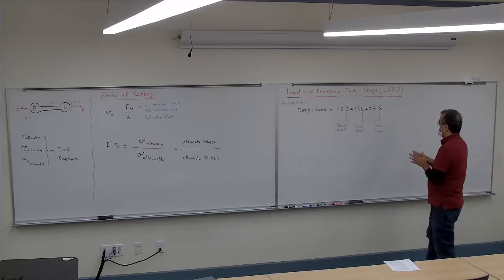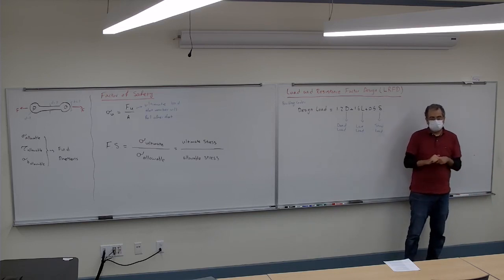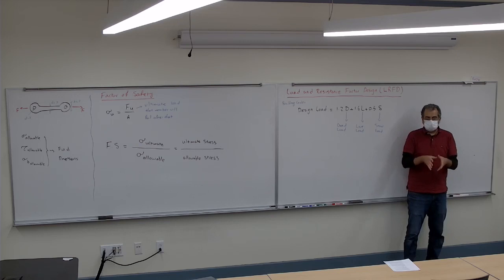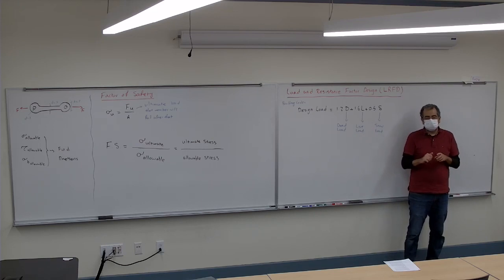So, correct. For example, if you look at this building, what we have here, the dead load is the load of material that's going to be always there. What's going to be the live load here? Things that aren't always here, like people.